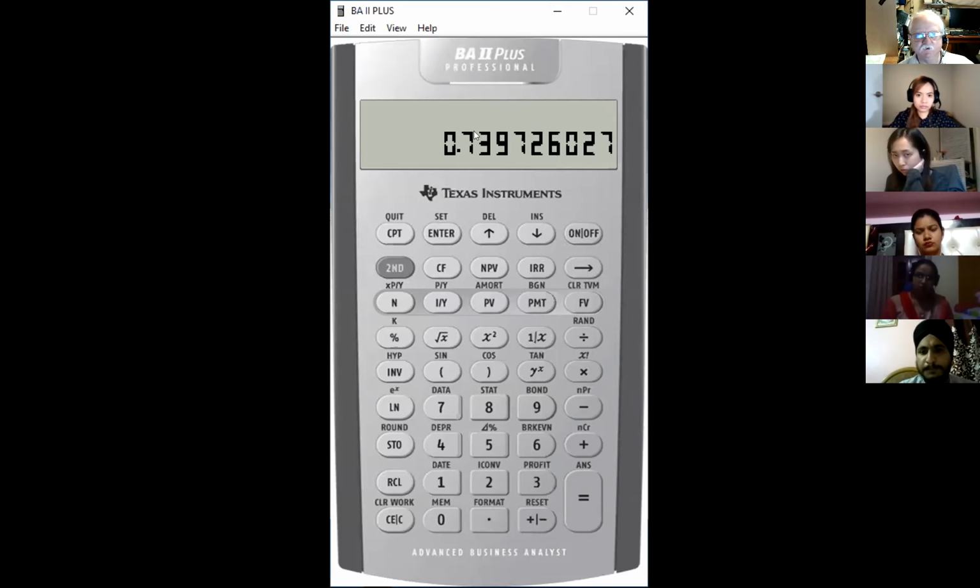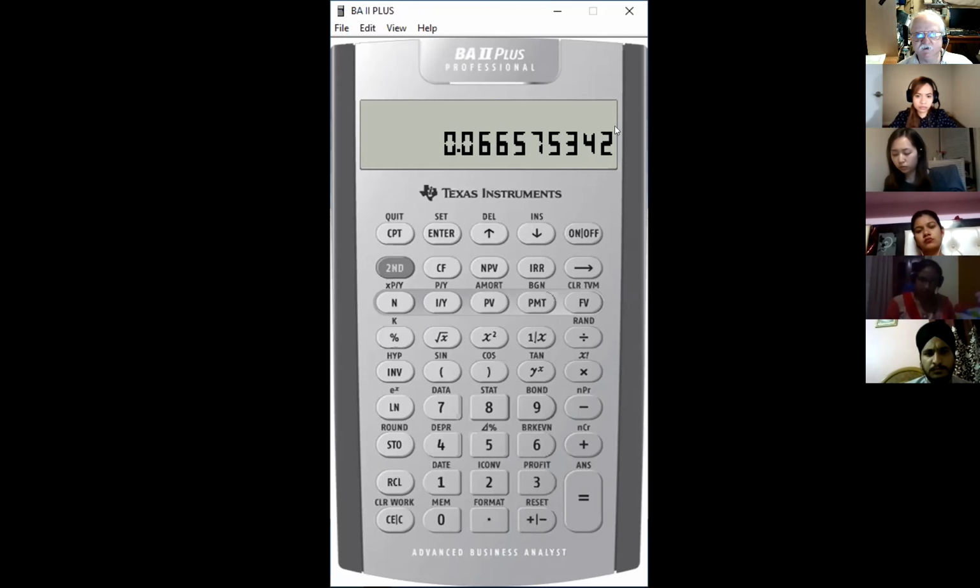I don't want to round this number off. And now I'm going to go times 9. Notice there's a percent key here. All this is going to do for me is divide 9 by 100, because that's what 9% is, equals.